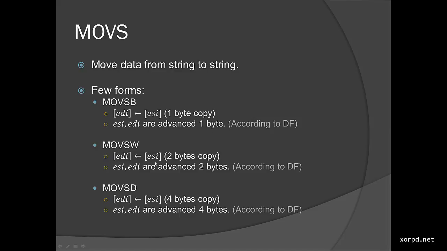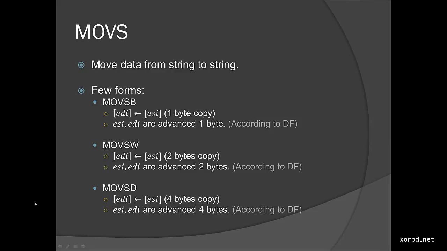Here we read 2 bytes from the memory pointed by ESI and store those 2 bytes into the memory pointed by EDI. Then immediately ESI and EDI are advanced 2 bytes according to the direction flag.